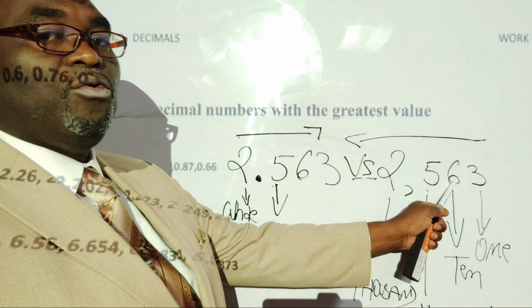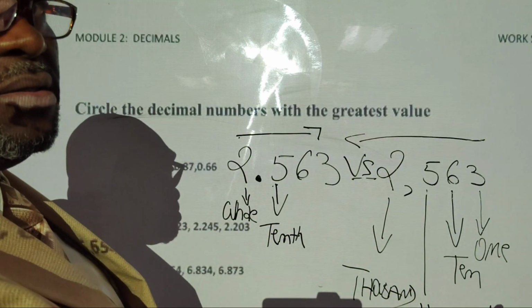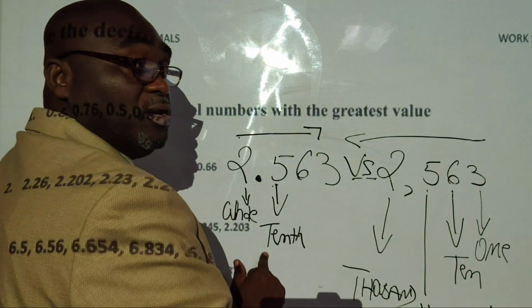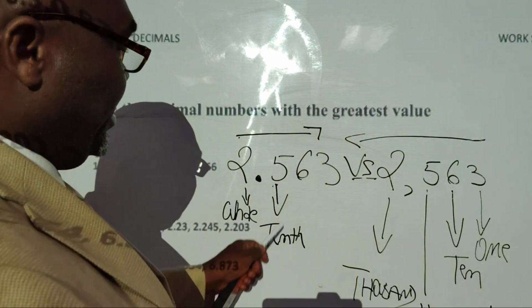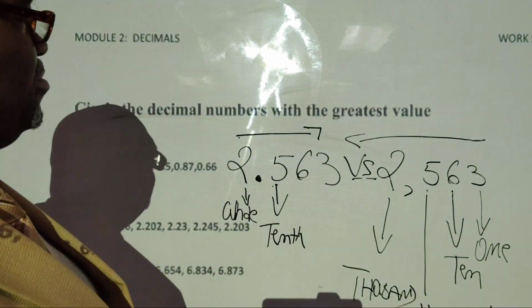When you were looking at your whole number, the 10th was the second one, the second and last one. You see? 6. But when you're dealing with your decimal, your 10th is the number that comes right after the decimal.